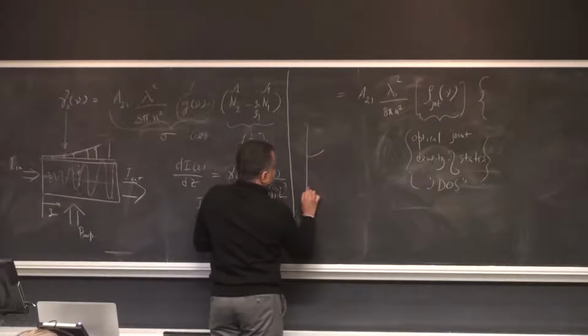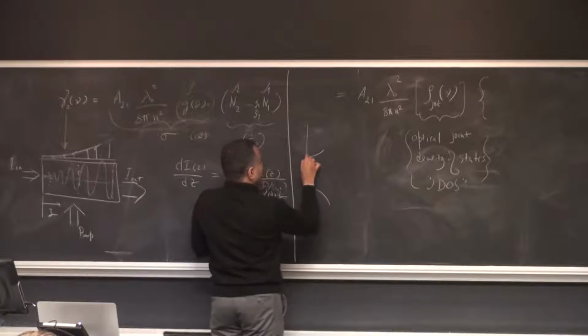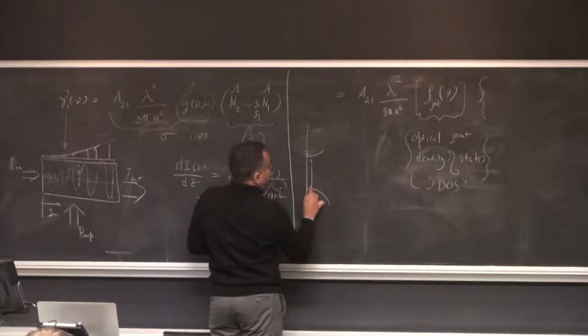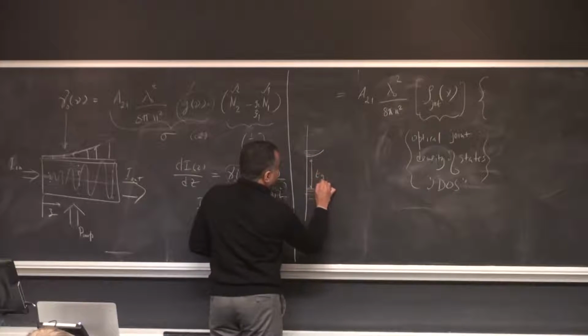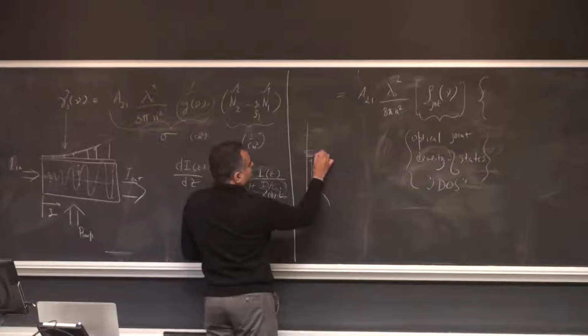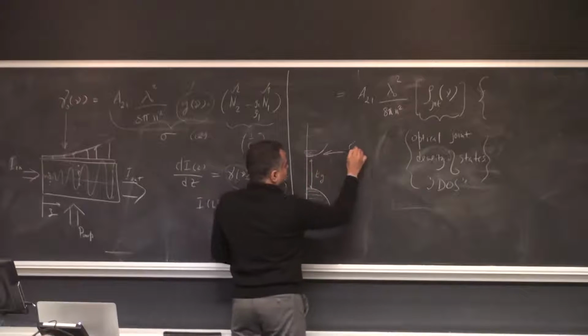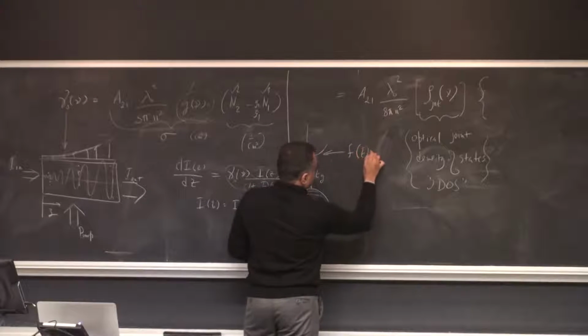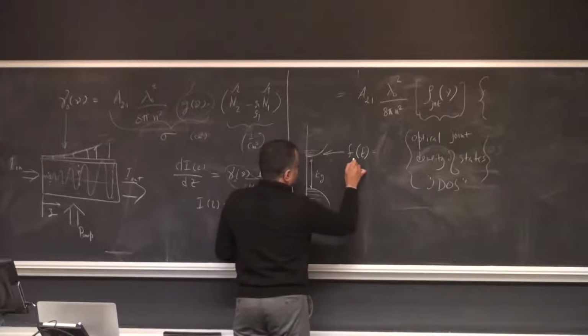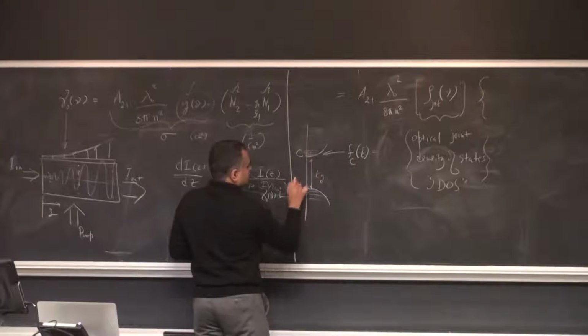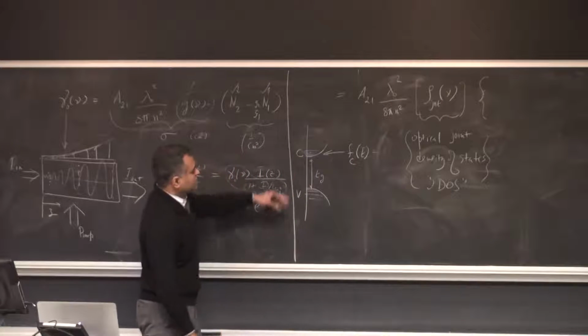Once you put electrons in a crystal, you'll form manifolds of energy again, bands, with a gap between them. The occupation function of the number of electrons will be given by Fermi-Dirac distributions. Let's say this is the conduction band, this is the valence band. We're going to talk about them today.